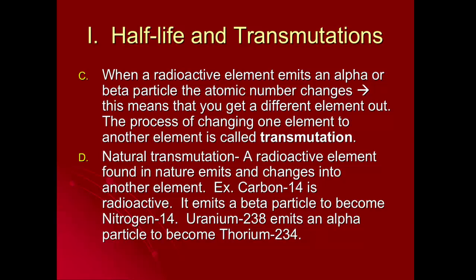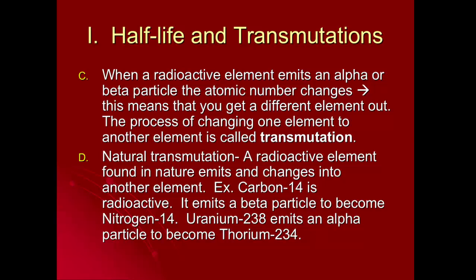So if you get a beta particle coming out, well, that's just an electron coming out. Now, electrons don't exist in the nucleus, so you would think that wouldn't affect what kind of element you have, but if you remember, the neutron breaks apart into 2 different things. It breaks apart into an electron and a proton. Now, our element identity is based on the number of protons. So when you emit a beta particle, you're upping the proton count by 1.